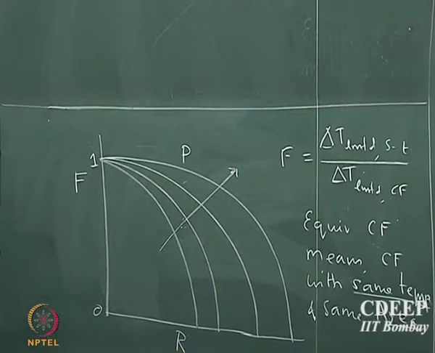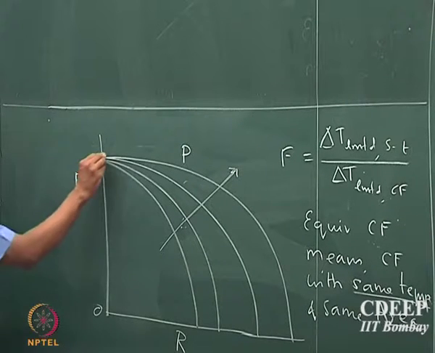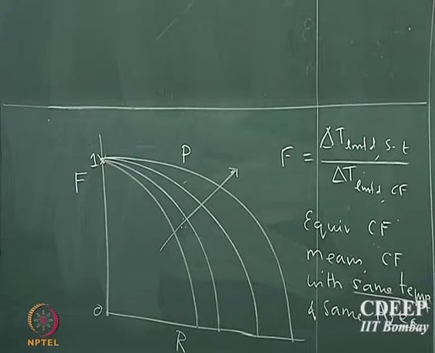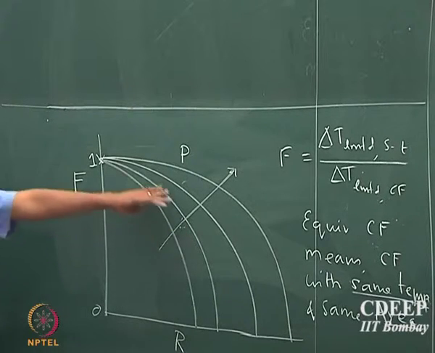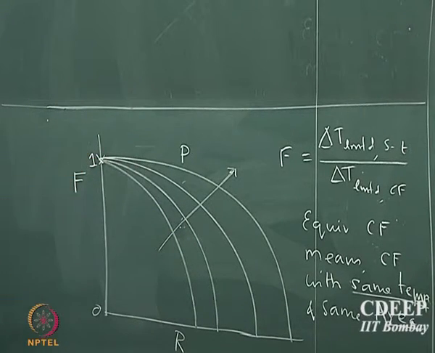Note that all of these start from 1. All the expressions for different values of P start from 1. Which simply means that when P goes to 0 or R goes to 0, either of these two, F will go to 1.